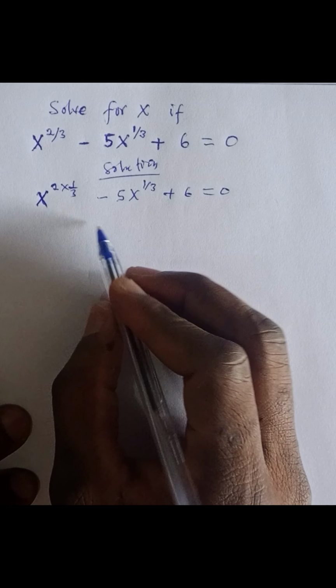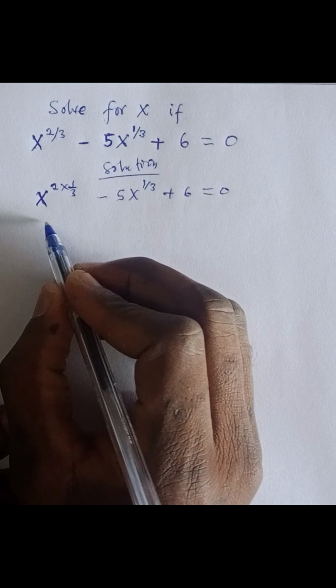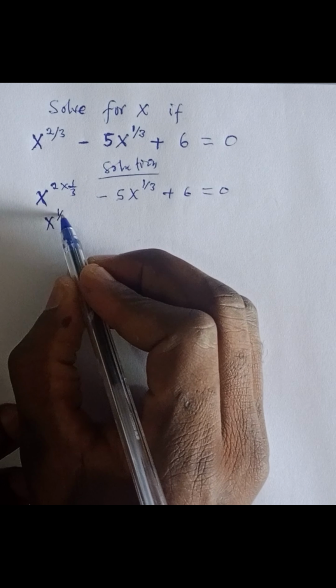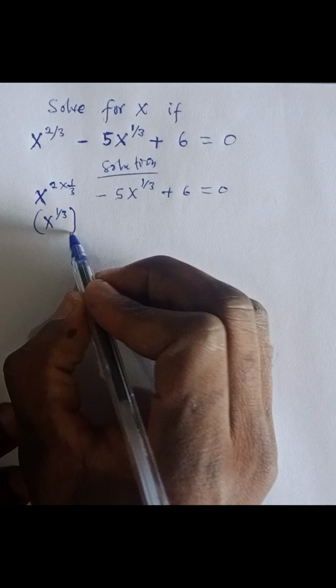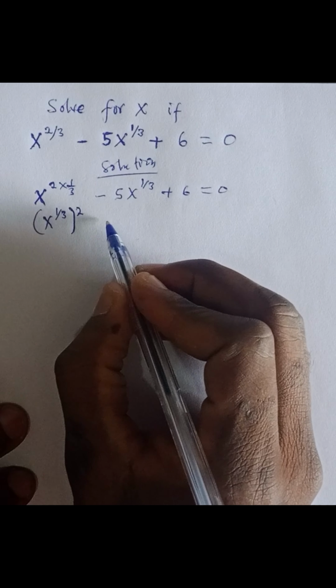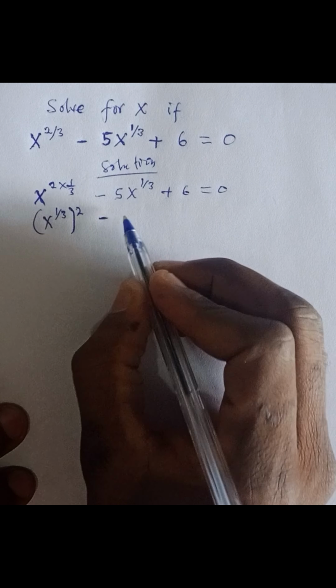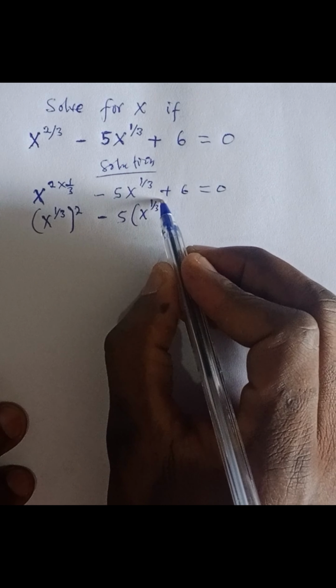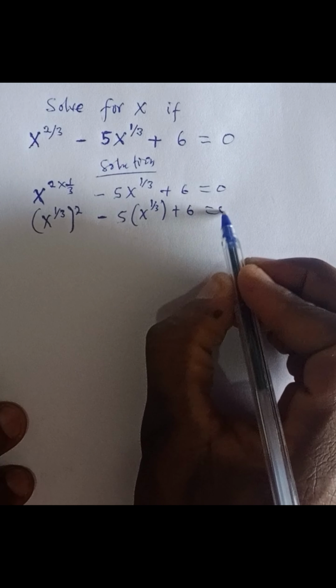So in that way, we can say that x raised to power of 1 over 3 all raised to power of 2 minus 5 in bracket x raised to power of 1 over 3 plus 6 equals 0.